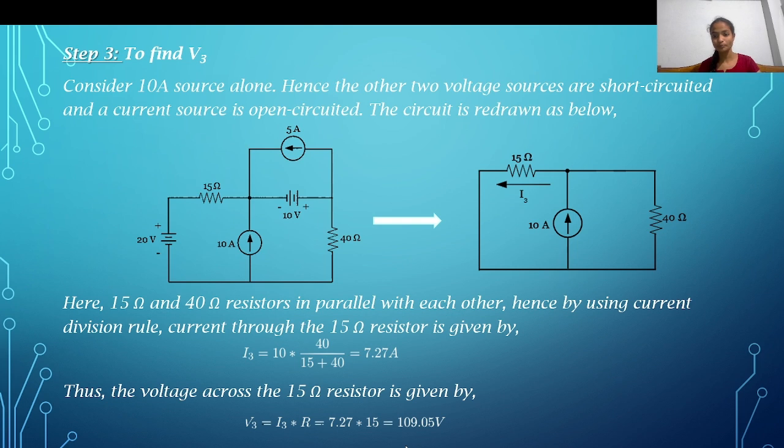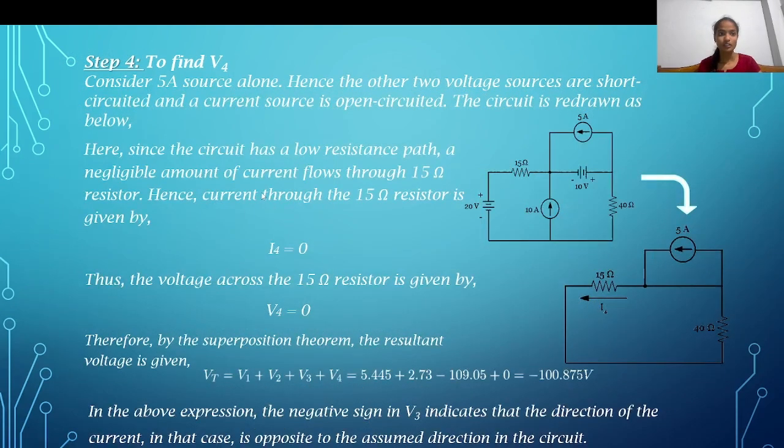Now to find V4, consider the 5 ampere source separately, and the remaining sources are short circuited and open circuited. So this is the modified circuit diagram. Here in this circuit, the current follows the low resistance path.